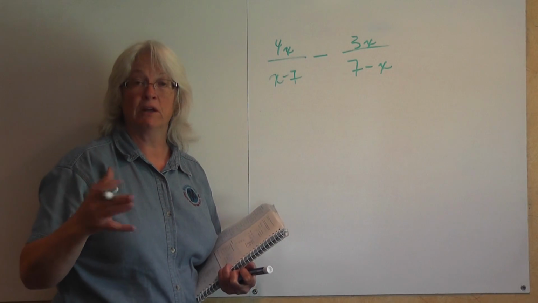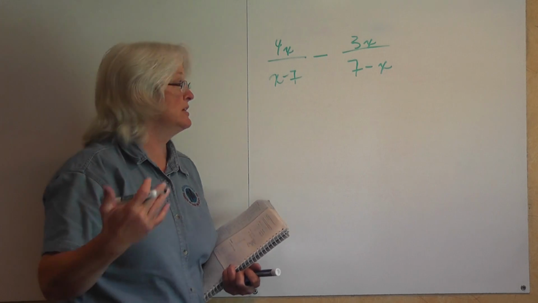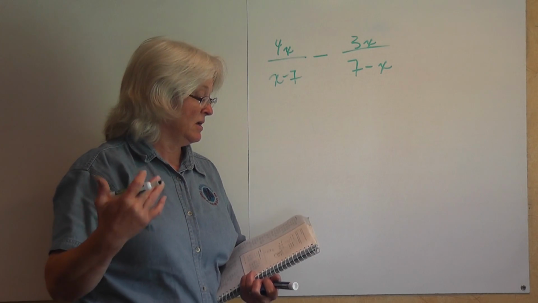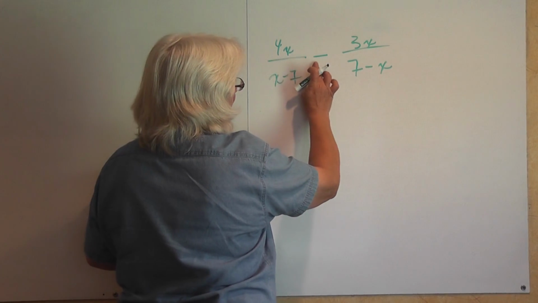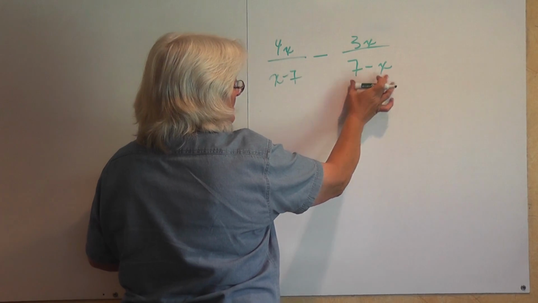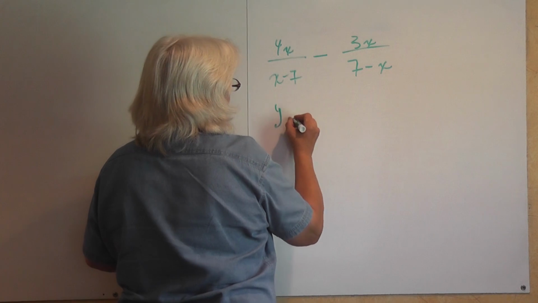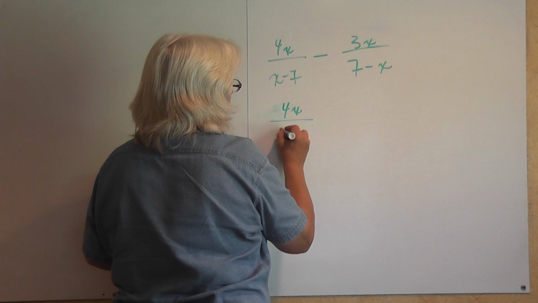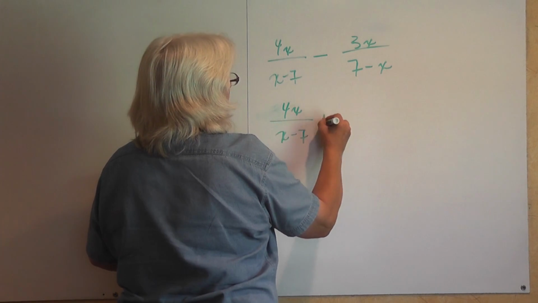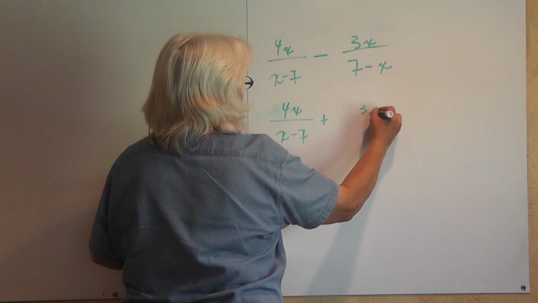Remember I told you, and you know this, that subtraction is the same as adding the opposite. So we're going to add the opposite of this. 4x over x minus 7. We're going to add the opposite.